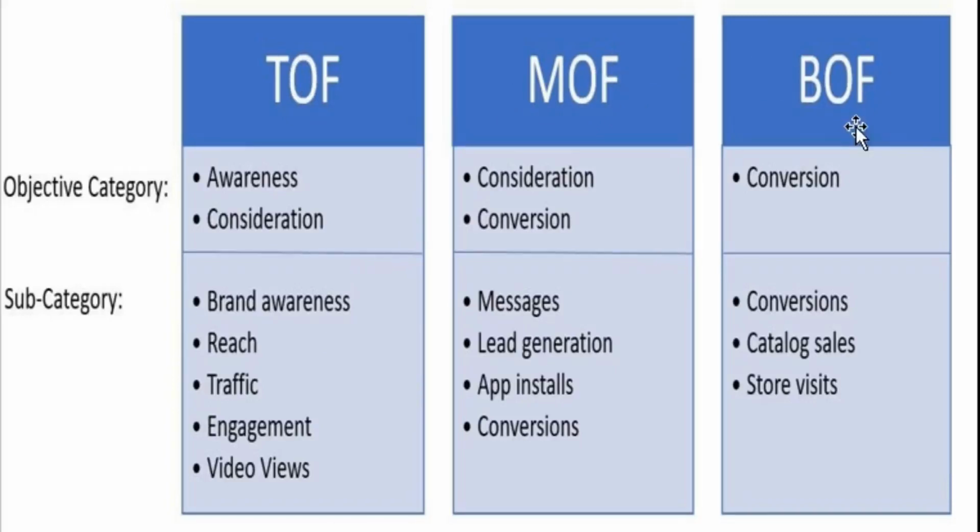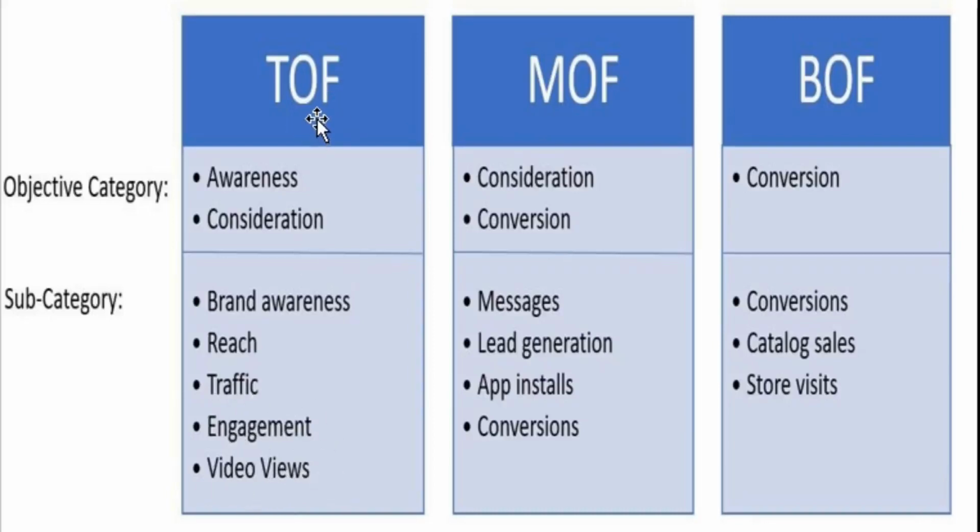For the top of the funnel, you have the objective category, which is the awareness stage and the consideration stage. We have objectives like brand awareness. You can choose brand awareness, reach, traffic, engagement, or video views for the top of the funnel.